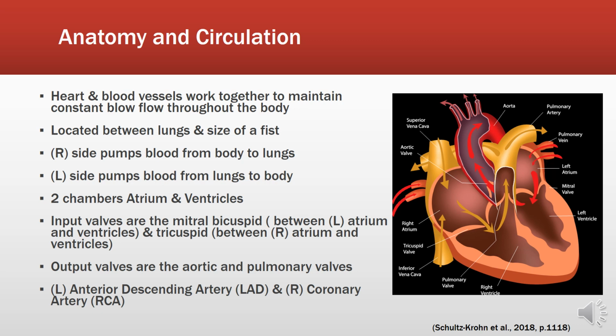And then at the very end of this PowerPoint, I have also provided you with a video on the anatomy and circulation of the heart, which will go into a little bit more depth. Because this is a PowerPoint that's recorded, it may not be able to play when I make this recording, so I will post the link so you can access it after.